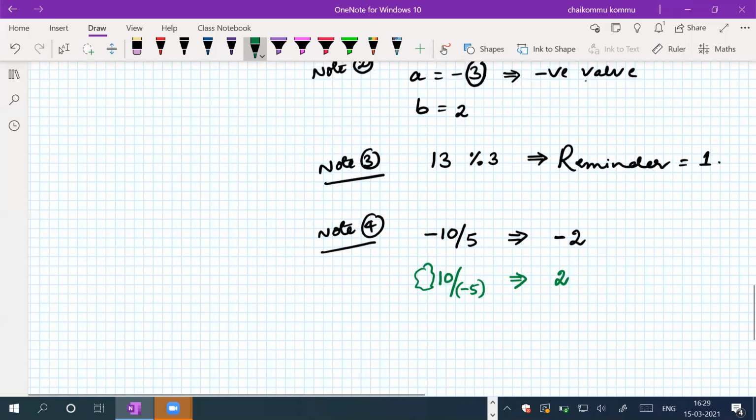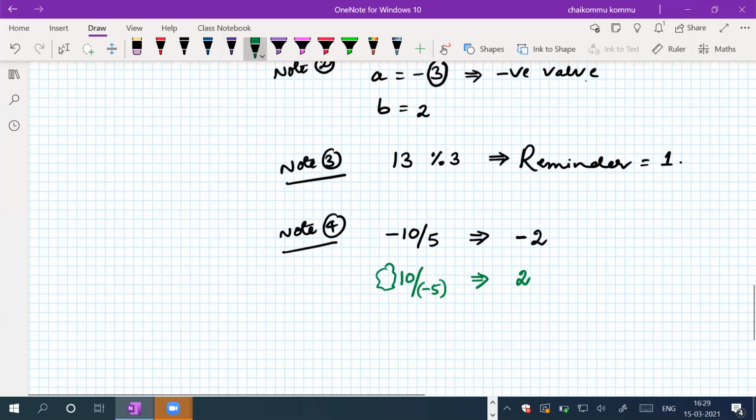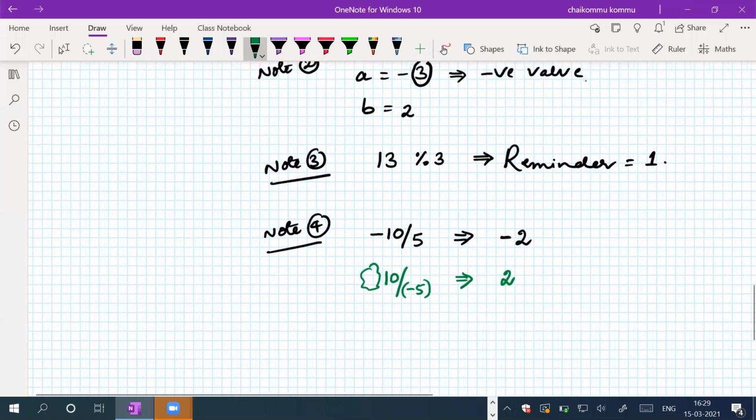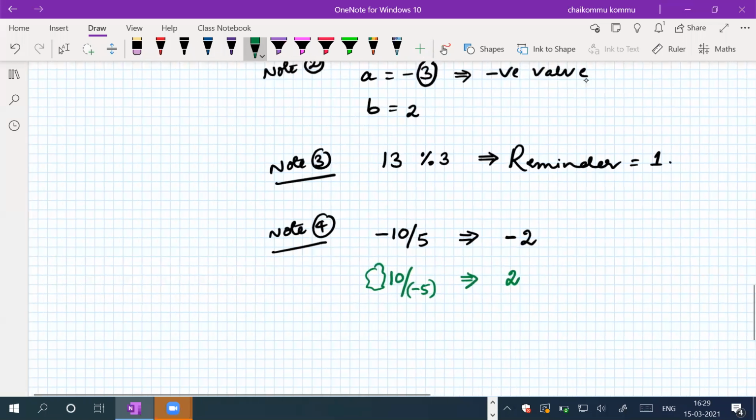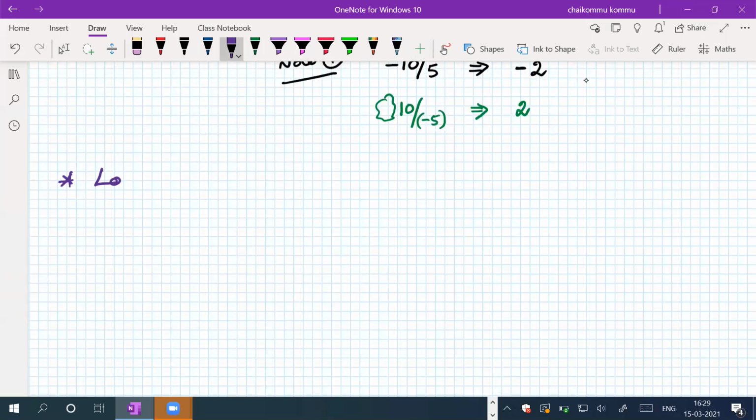Now let us move to the next operator, that is called the logical operator. So what will this logical operator do?